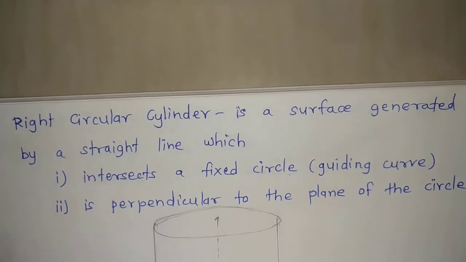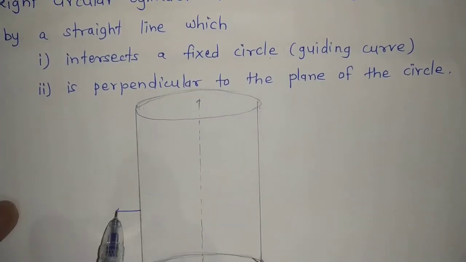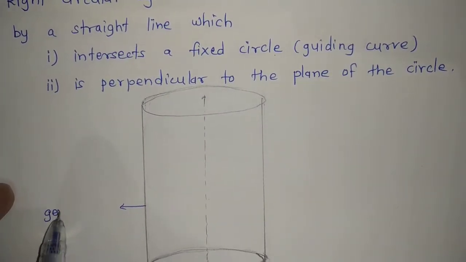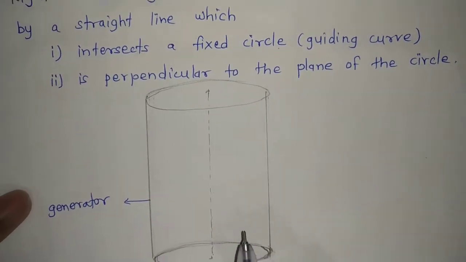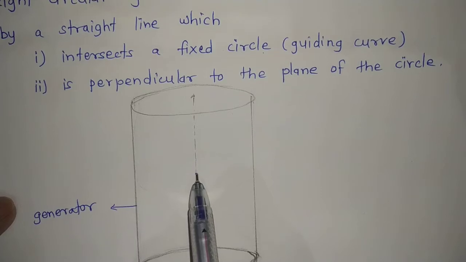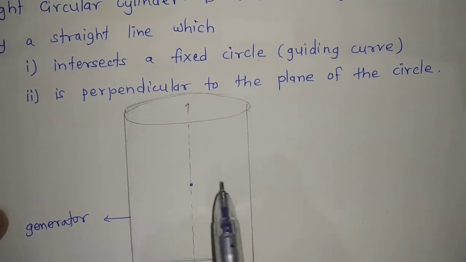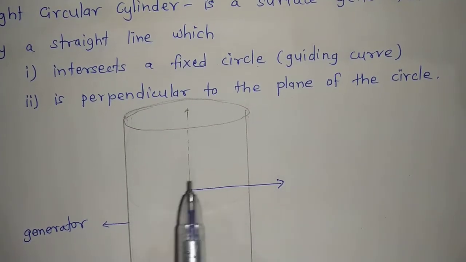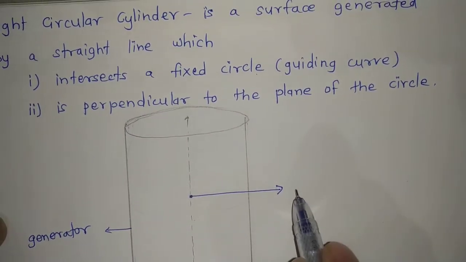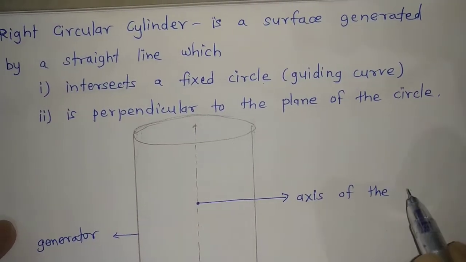Now in this diagram, this straight line is called the generator, and the line which passes through the center of the circle and is perpendicular to the plane of the circle is called the axis of the right circular cylinder.